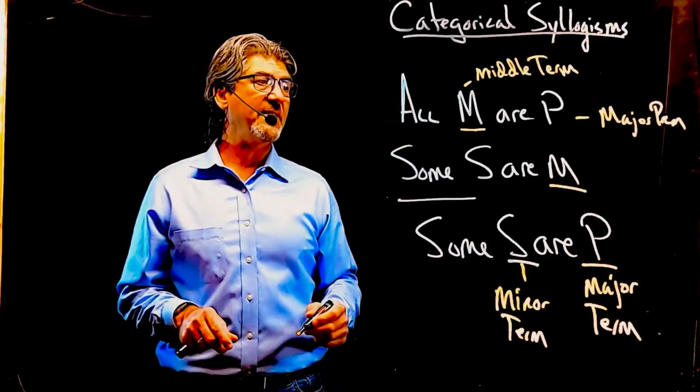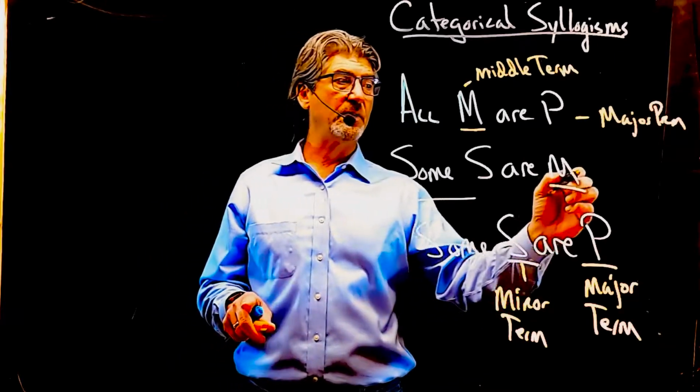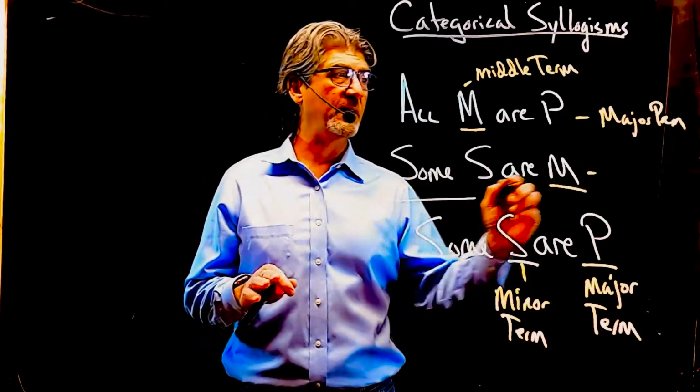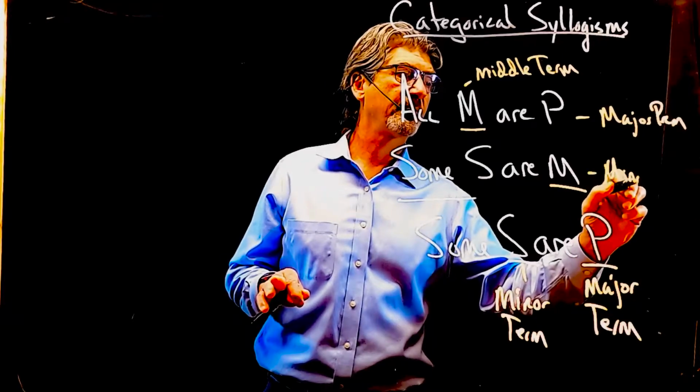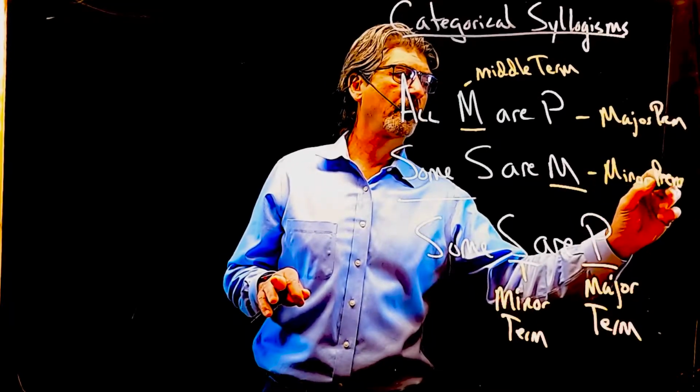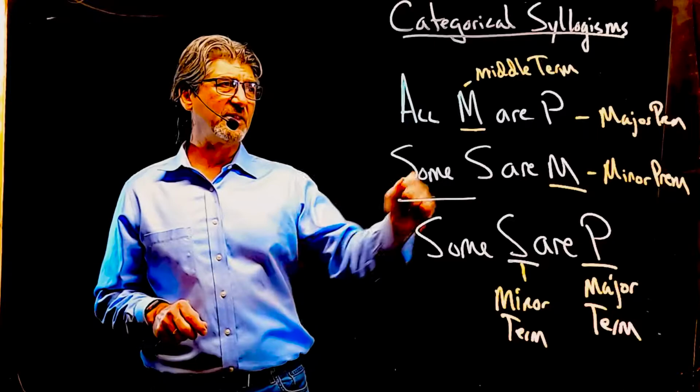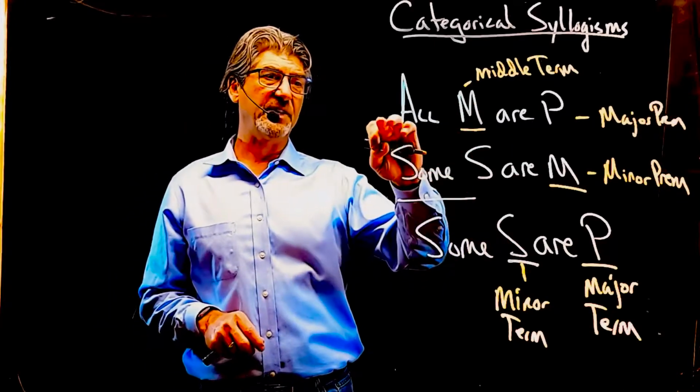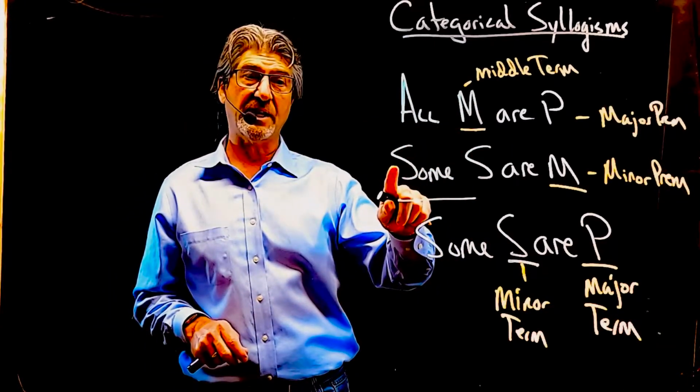And the premise that has the minor term in it is called the minor premise. Notice that they're listed in a particular order here. I've listed the major premise first and the minor premise second.